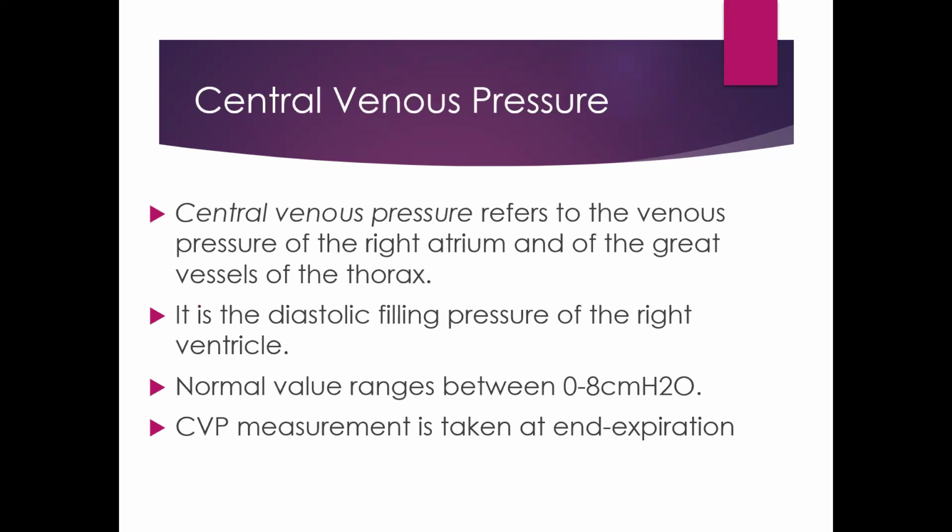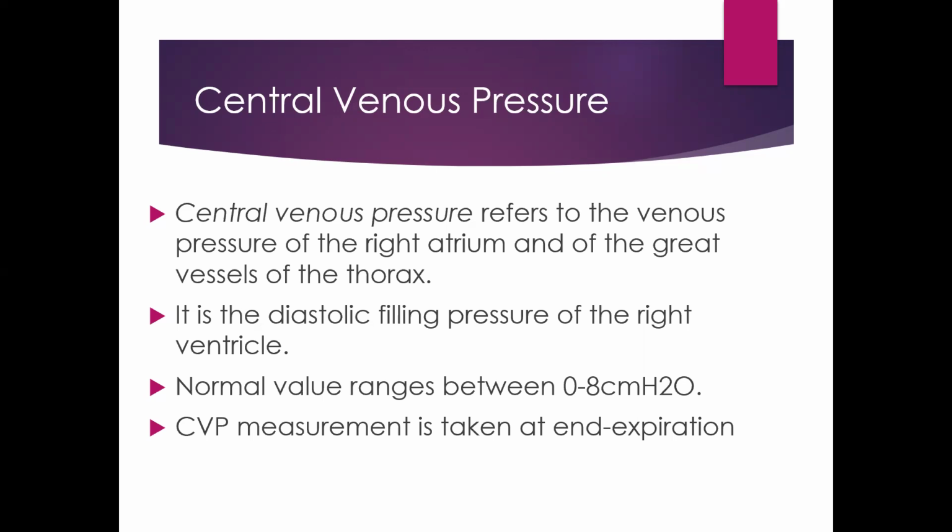So what is central venous pressure? This refers to the venous pressure of the right atrium and of the great vessels of the thorax. It also refers to the diastolic filling pressure of the right ventricle.